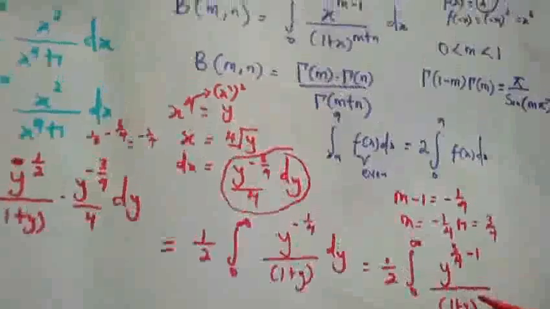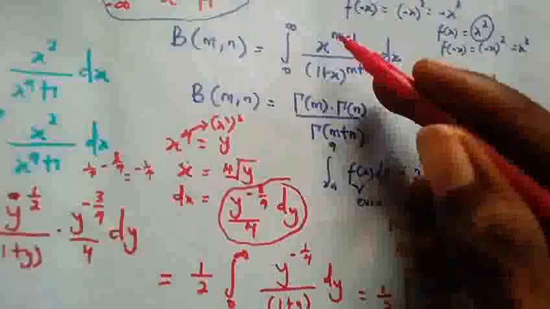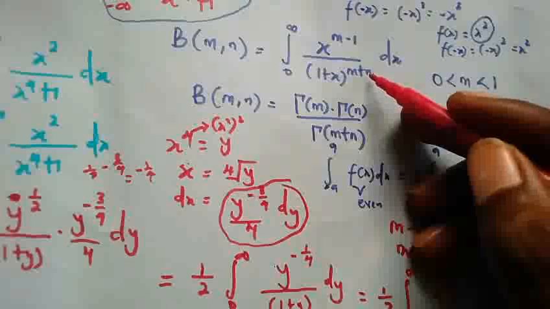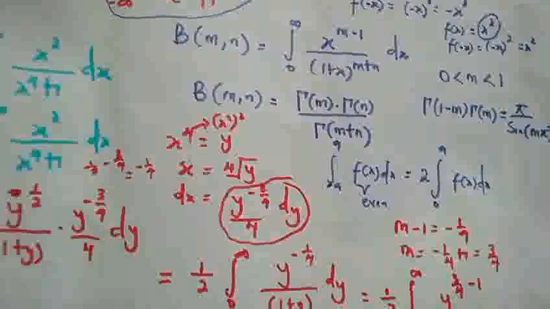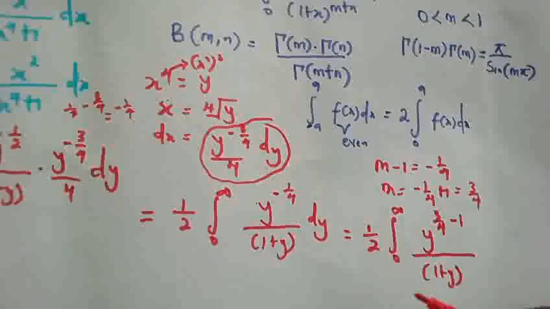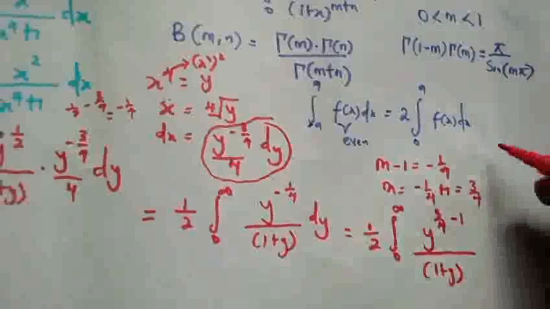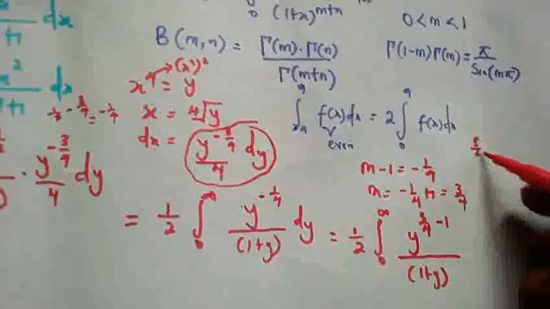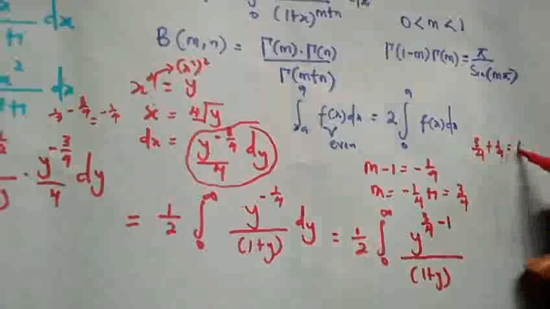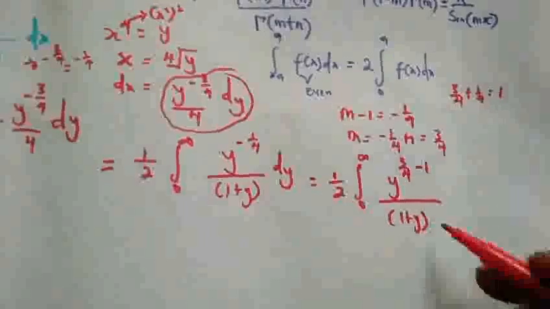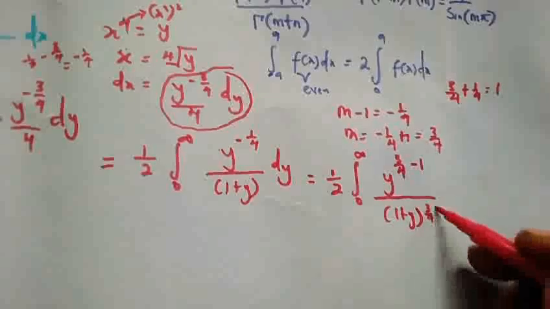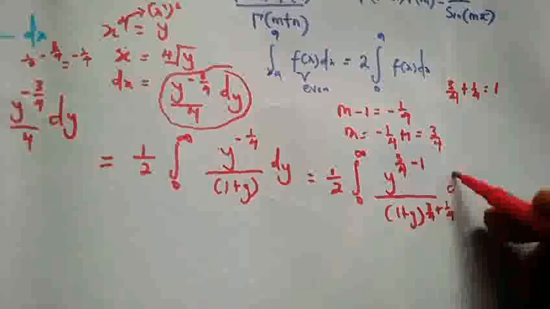Because from here we know that this m plus the n which is here is going to give us 1. So let us add 3 over 4 plus 1 all over 4, and this is giving us 1. So we have here 3 all over 4 plus 1 all over 4, then dy.